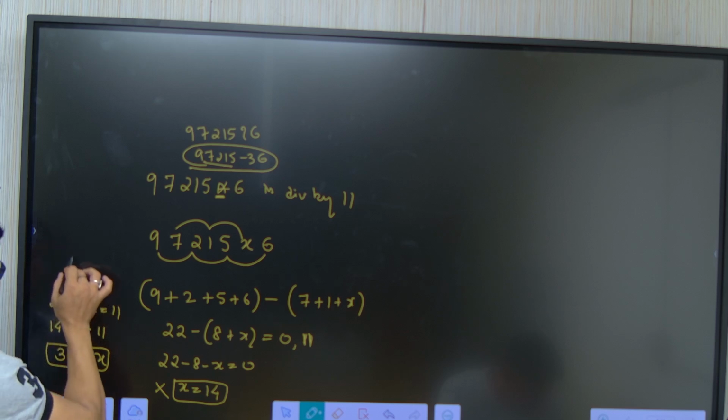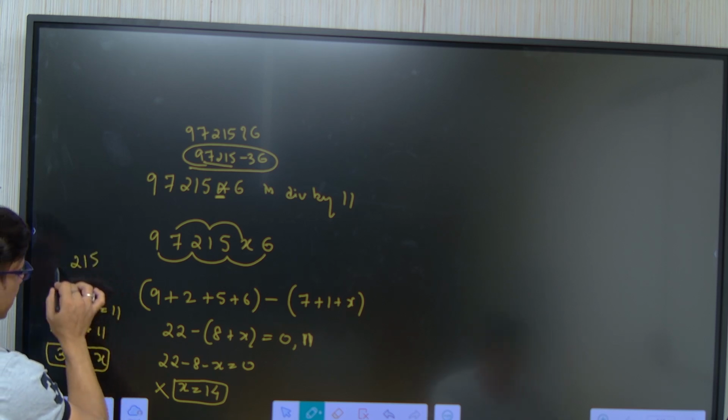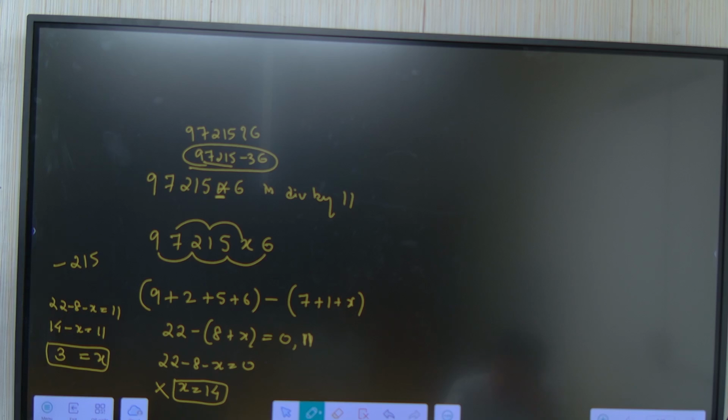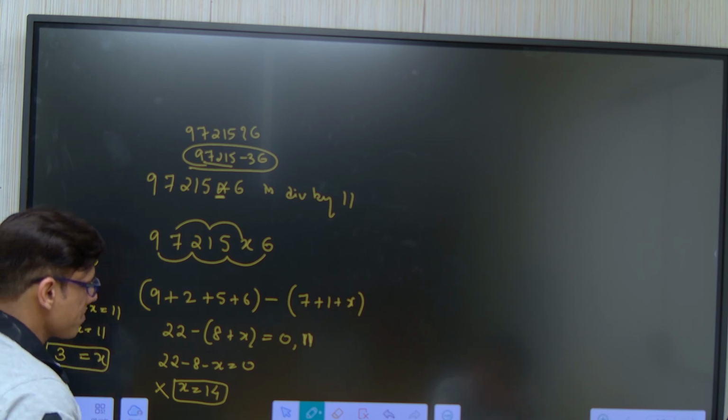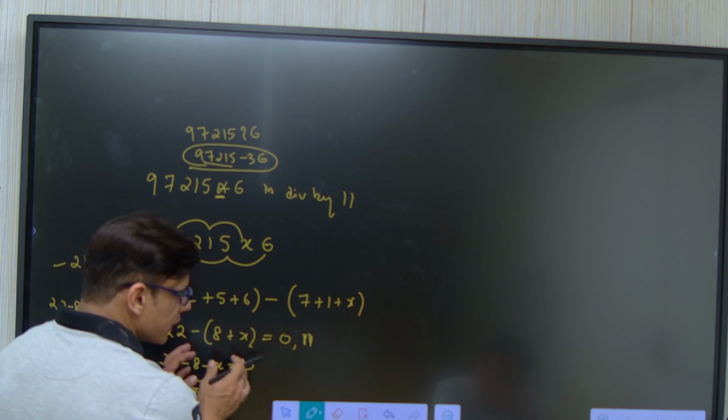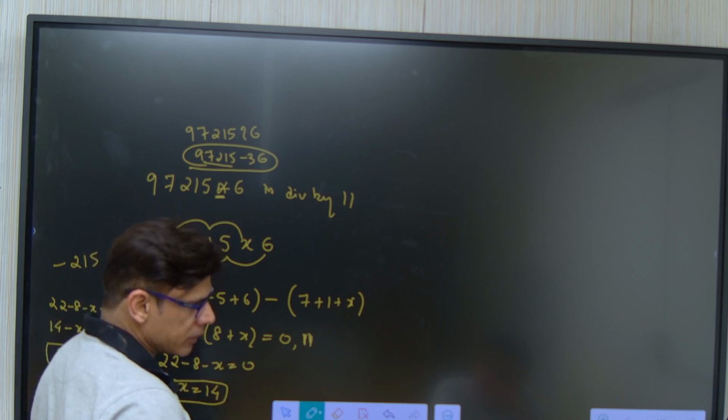Whenever you write a 2 or 3 digit number, you always write 215. Whole number can be negative, but digit you cannot write as negative. No, sir, I meant if I take the difference of the alternate, the sum of the alternate numbers, that is a negative. Acha, in that case, suppose x was given negative, you always have to consider positive.